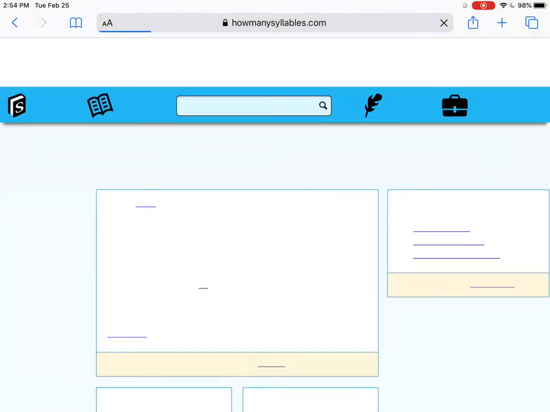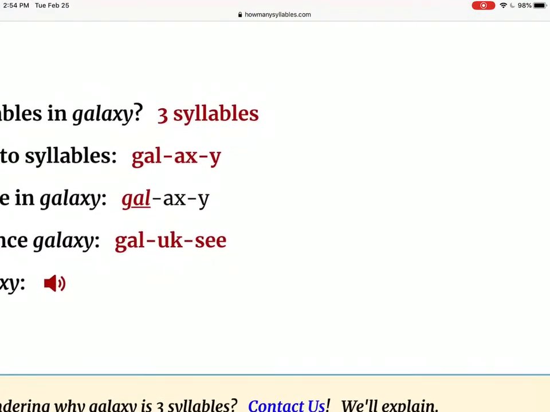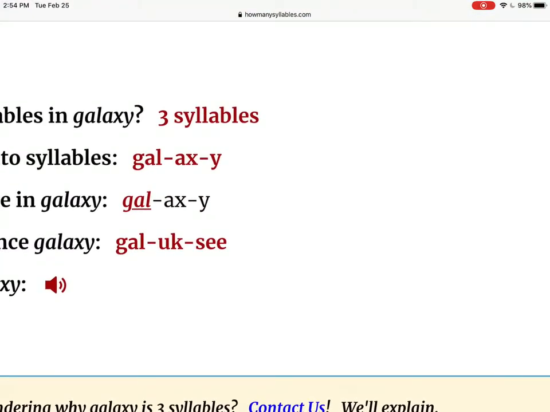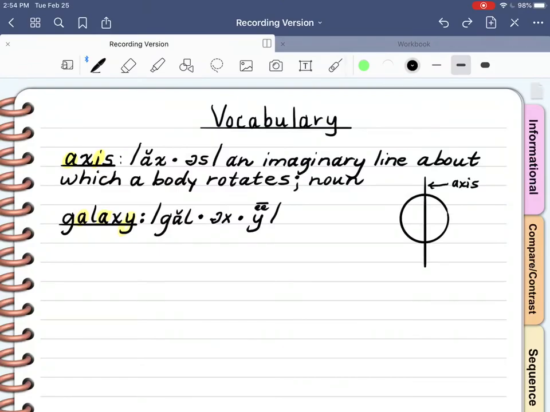Sometimes it just pops up and then sometimes you have to look at it. Okay, here is the breakdown. Galaxy, so we have that done correctly. Just make sure if you're not sure, and sometimes I'm not. Okay, a galaxy is, I'm looking for the definition because I don't have that in front of me.